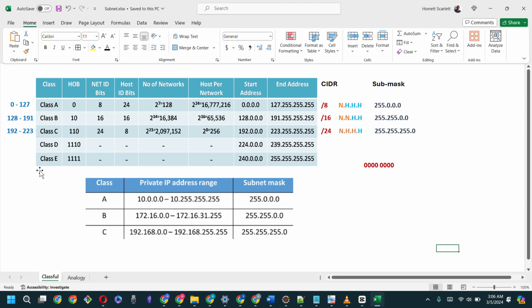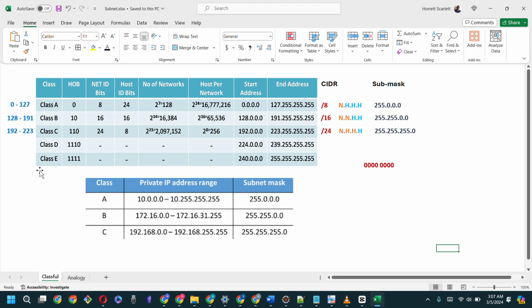So how do we derive these ranges that the IP addresses are going to fall into for each of these classes? We do that by laying out the bits. We have the 8 bits, and then we apply some special procedures to these bits, and that will allow us to know the range. So let's see how that is accomplished.